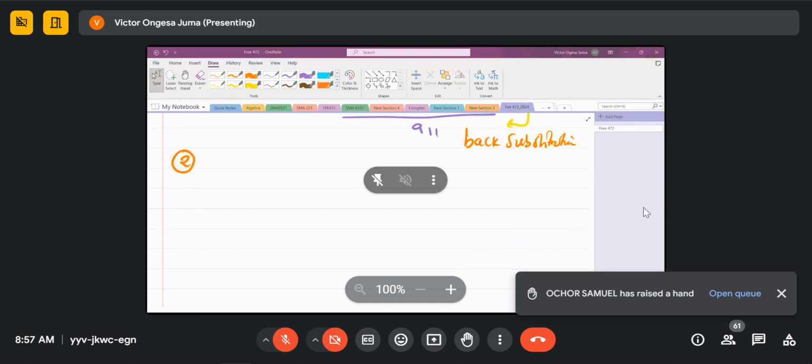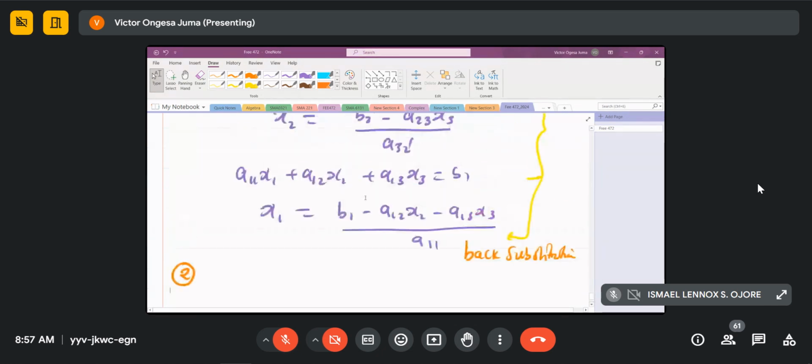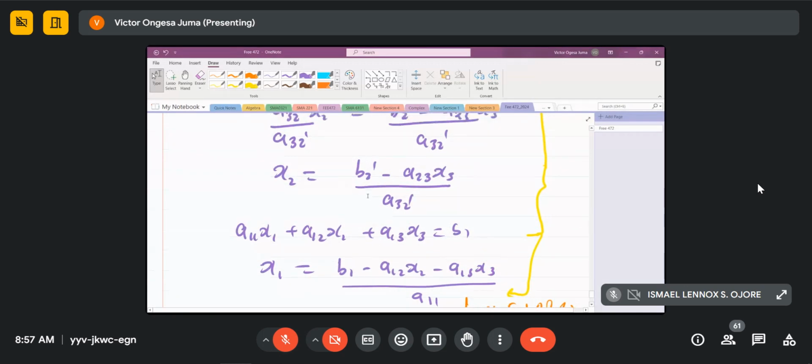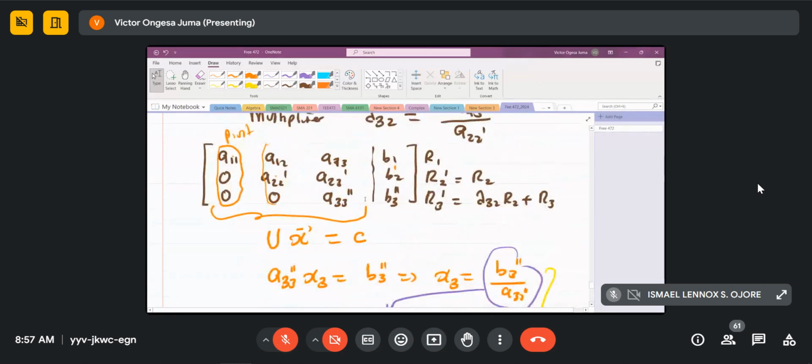Samuel, do you have a question? Yeah, I had a question in regards to when we were doing the row operations. You did say that the determinant will remain unchanged. Now we've done matrices since high school and then a bit in campus.